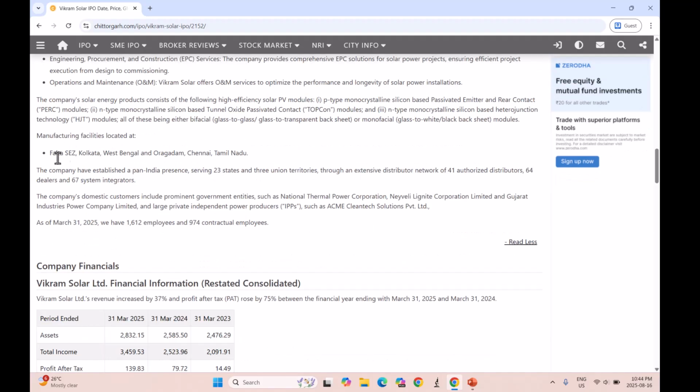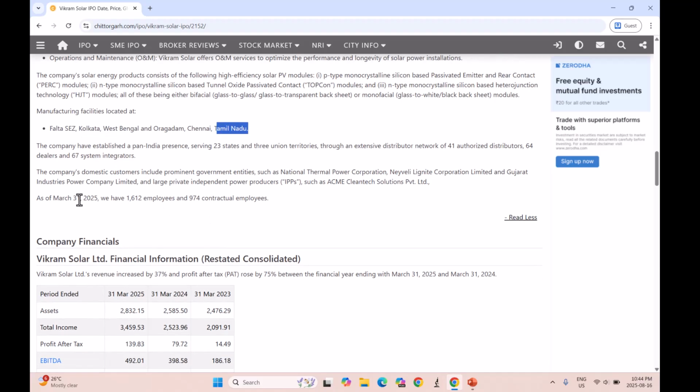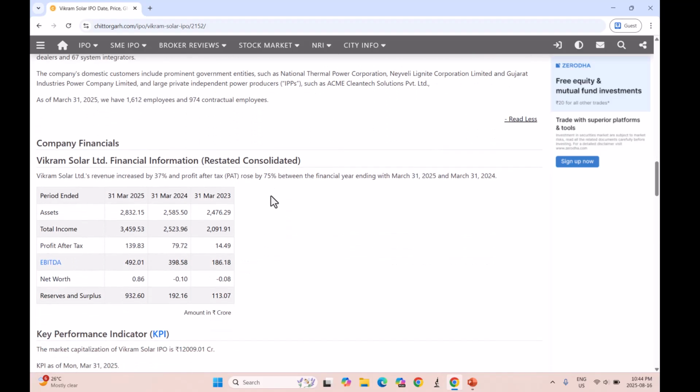The manufacturing facilities are located at Kolkata and also in Tamil Nadu. As of March 31st, 2025, they have 1612 employees and 974 contractual employees in the company.